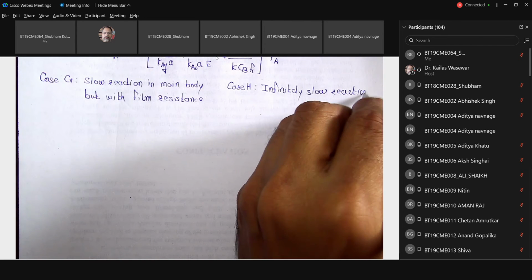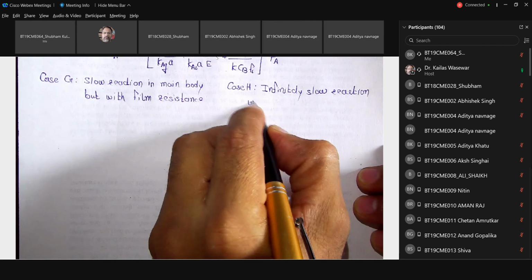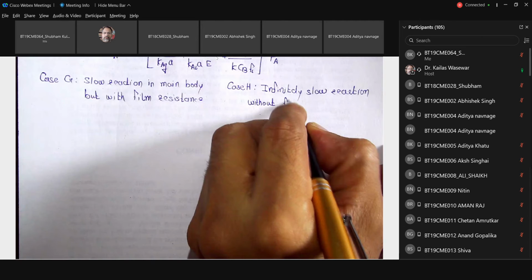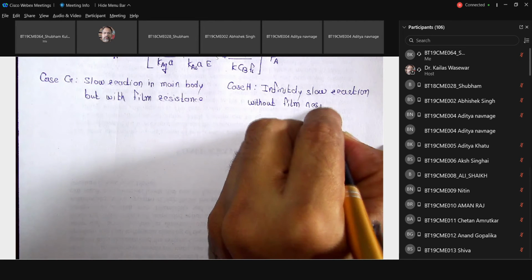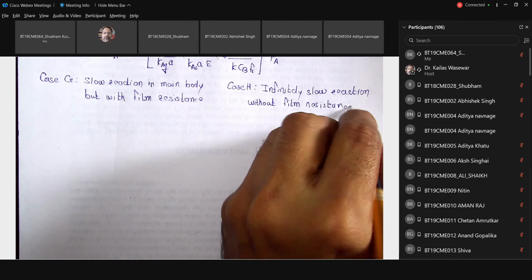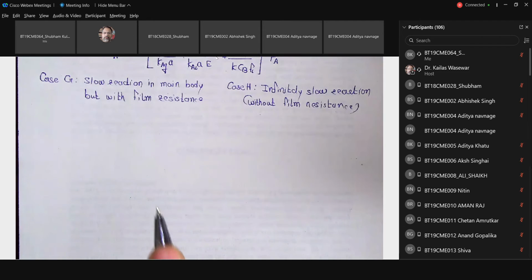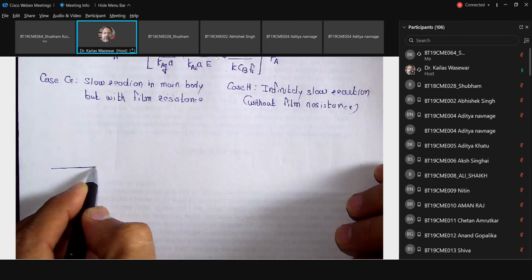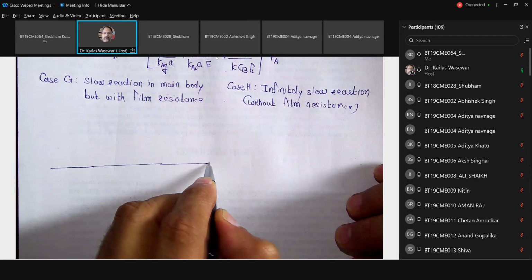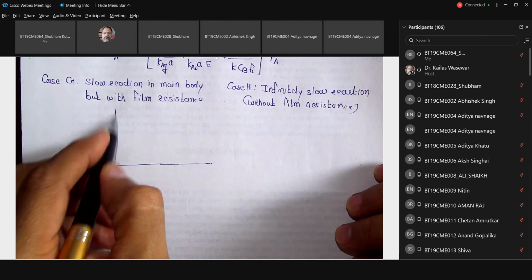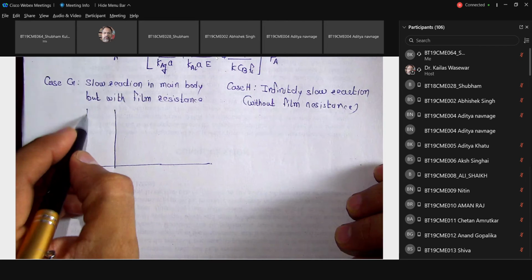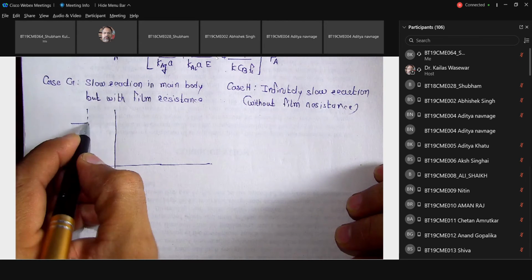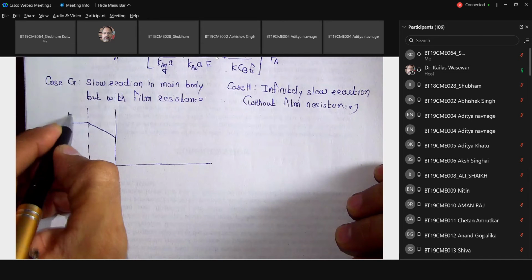That means without any resistance. So in these two cases, if you draw it again for this particular one, this is PA, this is PA.